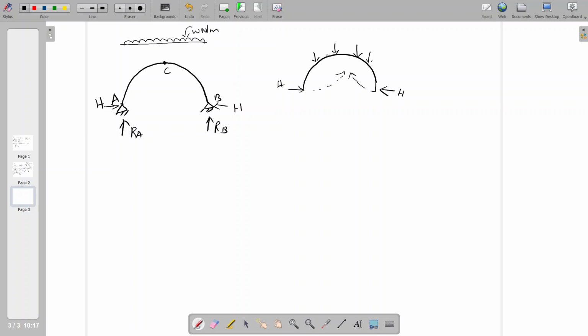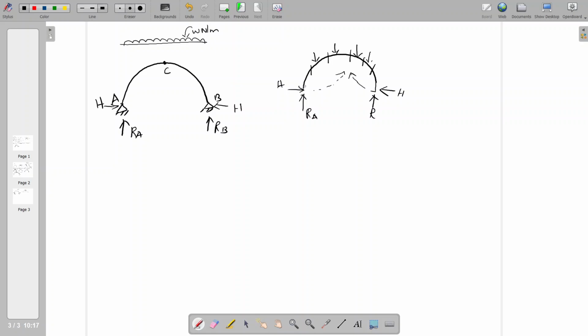The applied load will lead to sagging type of bending, whereas the created horizontal thrust will have hogging type of bending. So this sagging type of bending will be contracted by the hogging type of bending so that the net bending moment at any particular section will be lesser than the normal. That is called arch action. That is the advantageous concept of using the arch. The net bending moment will be minimum because of the horizontal thrust.